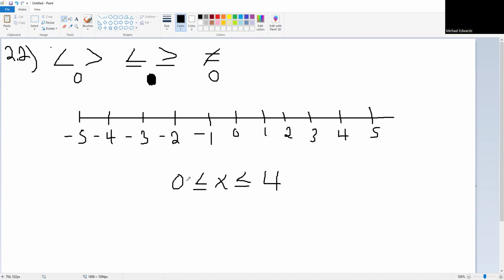We see 0, and 0 is less than or equal to, which uses the closed dot, so we will close in a dot right here. This one is less than or equal to 4, so we will close in a dot right here. x is in between, so it will be this area right here.